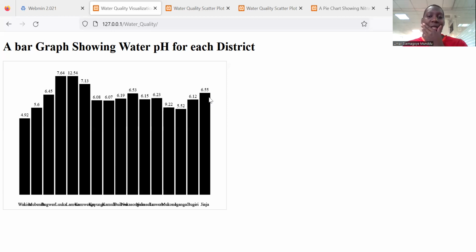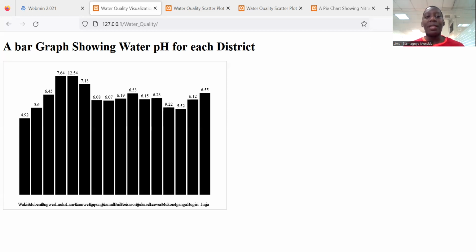So the pH is more about the acidic side of it. The lower the values, the higher the acidity, and the higher the values in pH, the lower the acidity, and at some point it goes to a neutral value, and then it also crosses over to the alkaline scale, which usually starts around 7 and above.